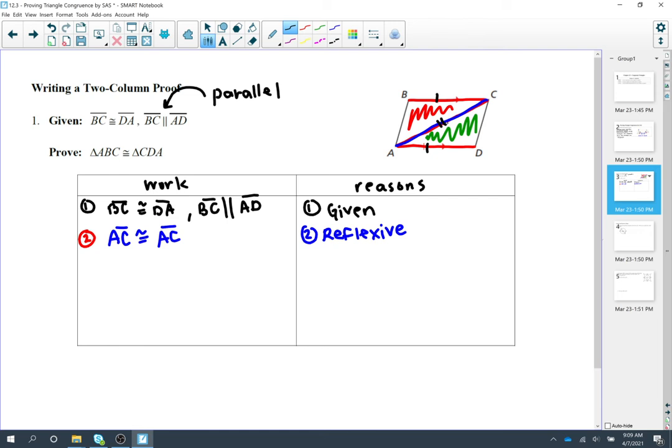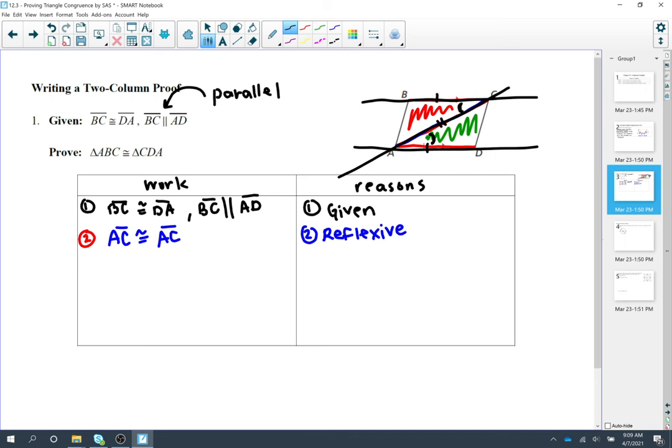Well, the included angle is the angle in between the sides, which would have to be this one and this one. In order to do that, I know in the given that these two lines are parallel. They are cut by a transversal, and these are alternate interior angles.